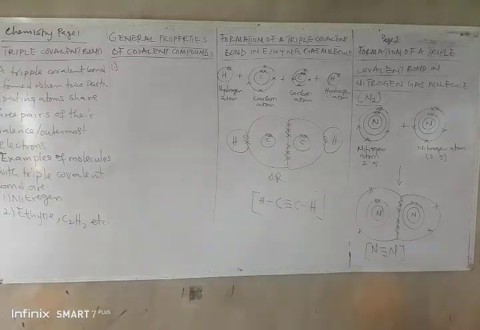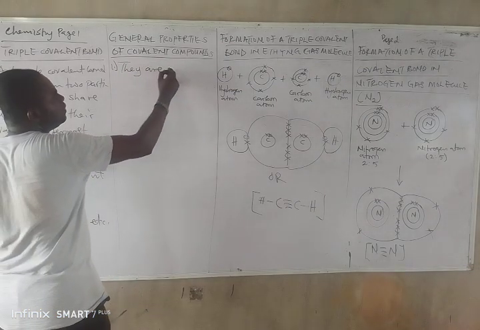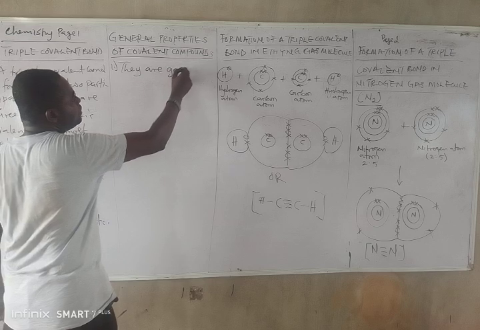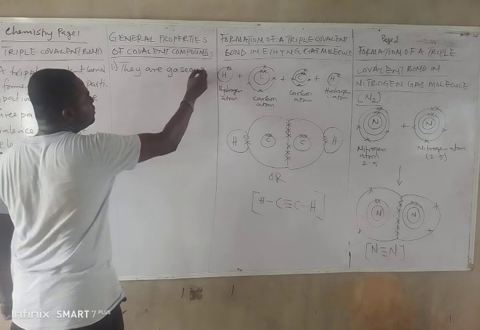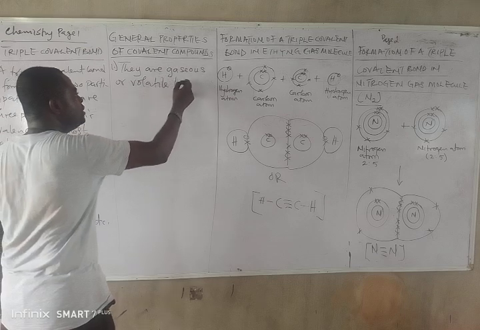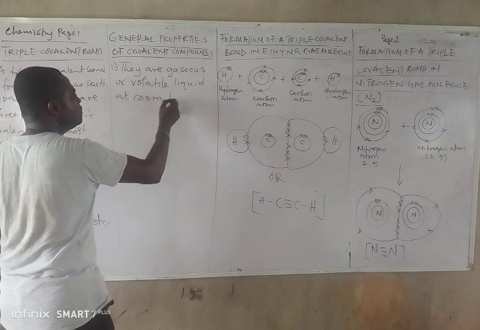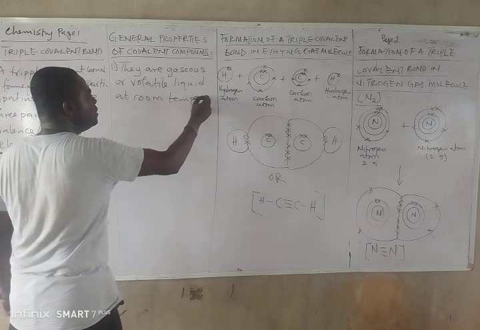General properties of covalent compounds. Number 1, they are gaseous or volatile liquid at room temperature. What do we mean?